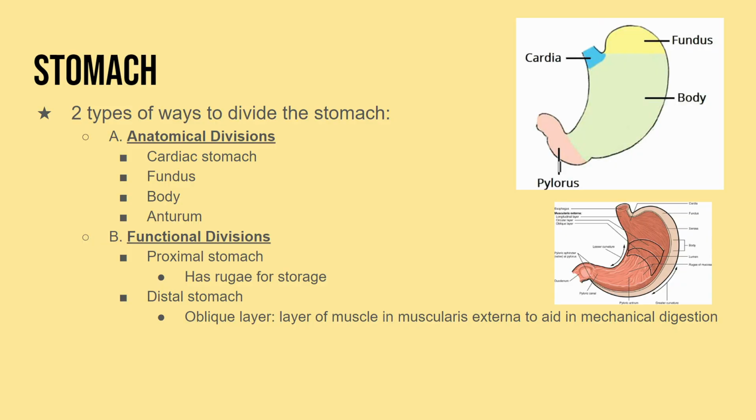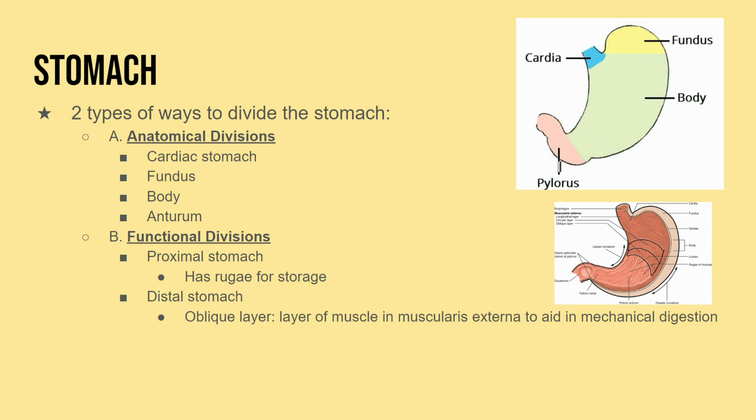And then after the esophagus, we get led into the stomach. There are two ways to divide the stomach into different sections, based on what you're thinking about. Anatomically, you have the cardiac stomach, and then the fundus, body, and pylorus or antrum.